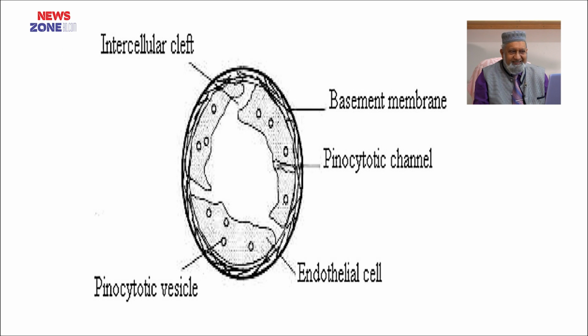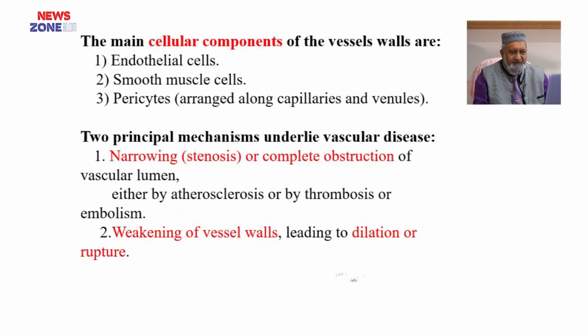These endothelial cells are arranged with intercellular clefts, and they have pinocytic vesicles, so we can say pinocytic channels. The main cellular components of the vessel wall are endothelial cells, smooth muscle cells, and pericytes arranged along the capillaries and venules.